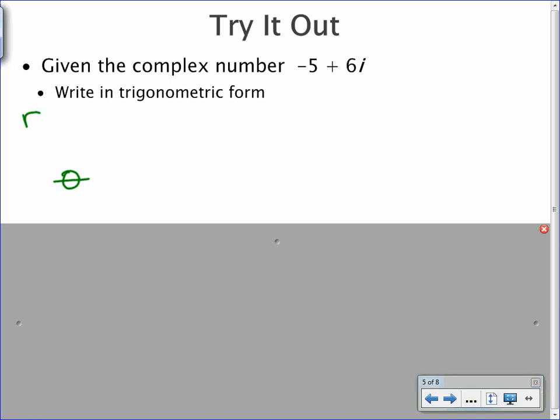So I'm just going to make a quick sketch of -5 plus 6i. What quadrant does this lie in? The second quadrant. So r, how do I find r? The square root of 5 squared plus 6 squared, which is what?